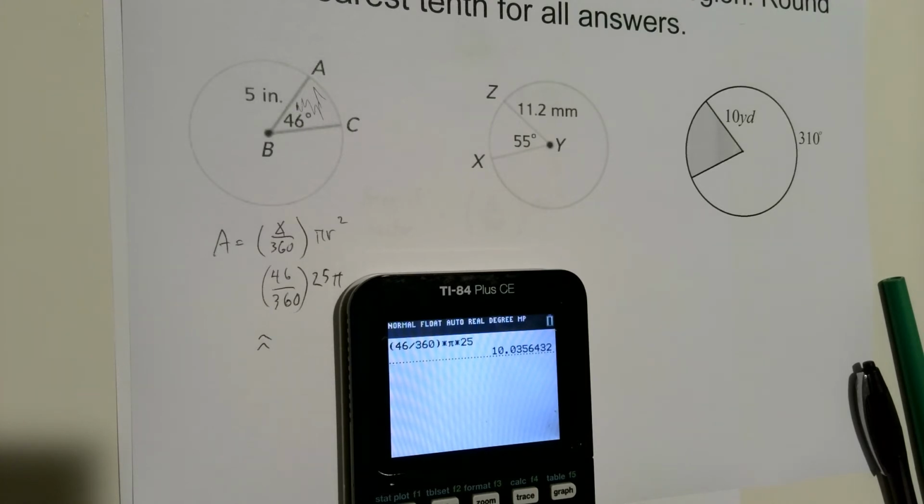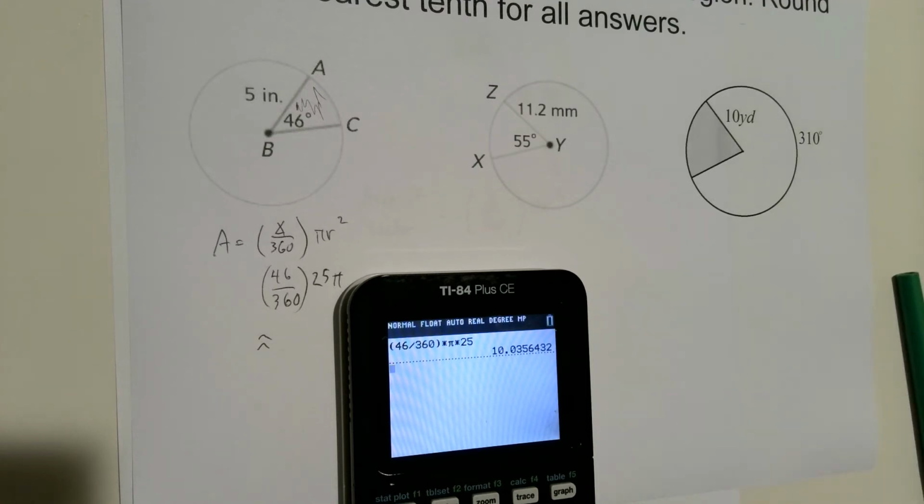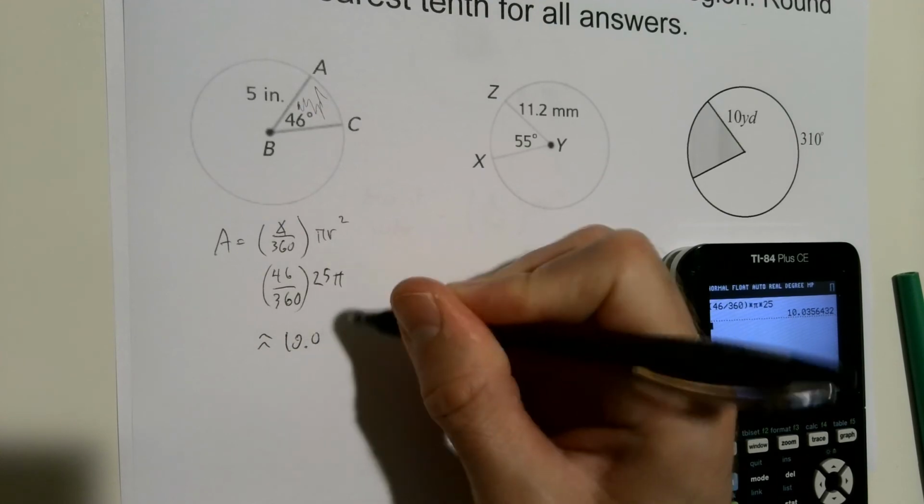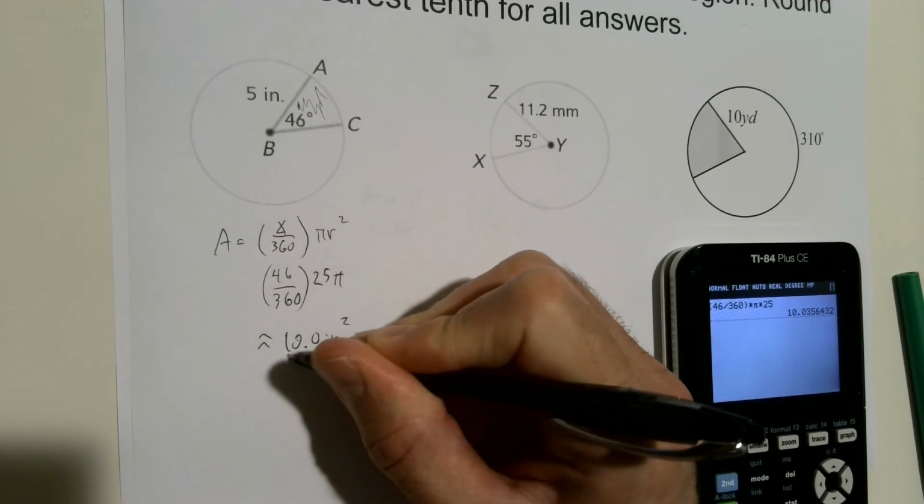Okay, so that's about 10.03 and so on. They wanted the nearest tenth, so we would say just 10.0. And we should say inches squared on there.